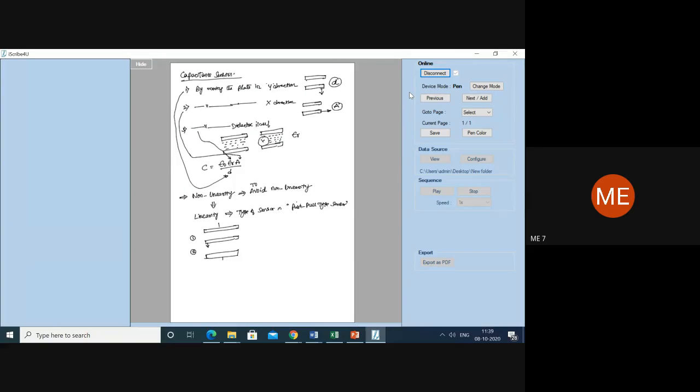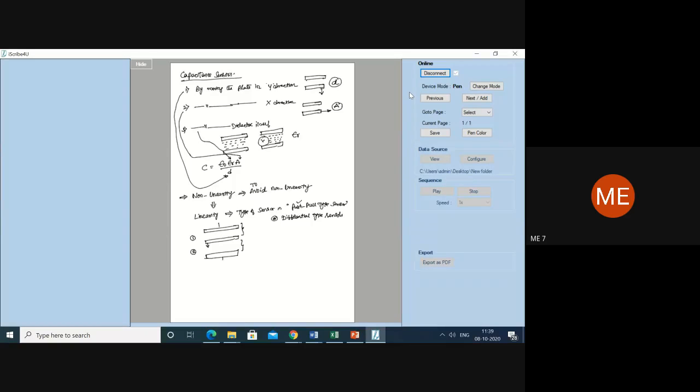That is the meaning of push-pull. In one case, you are pushing one of the plates downward. In the second case, you are pulling one of the plates down. That is the concept of the push-pull type sensor, also called the differential type sensor.